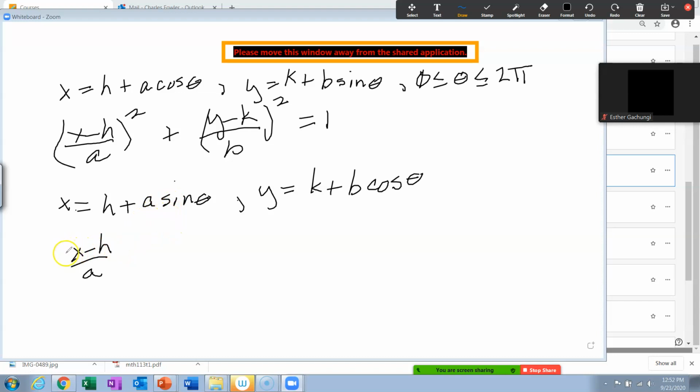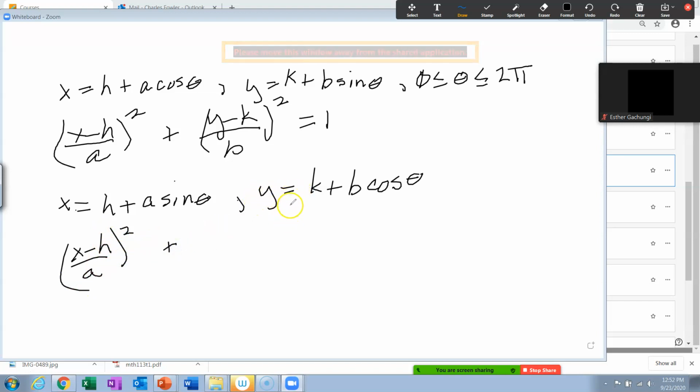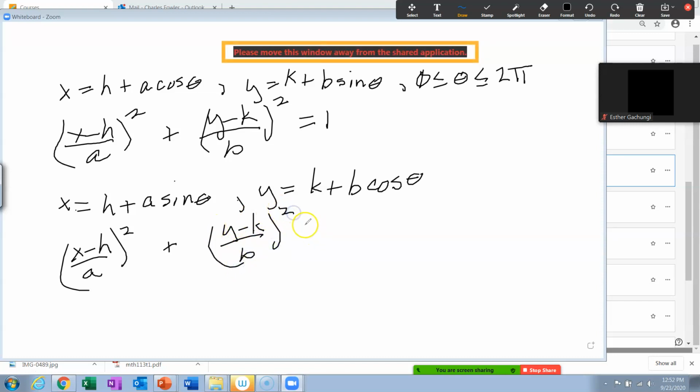Square that, okay, plus y minus k over b. This looks exactly the same, squared, is equal to 1. So these two look identical. The rectangular plot is identically the same.